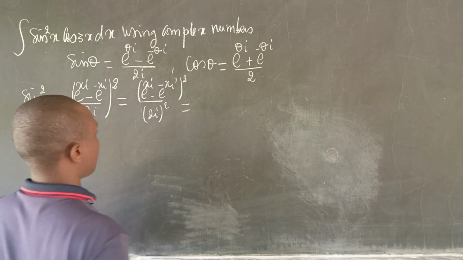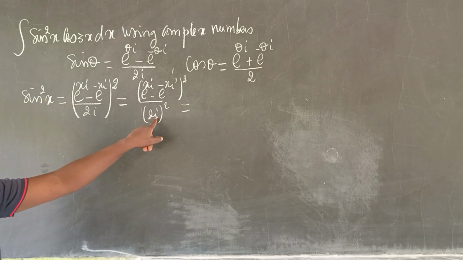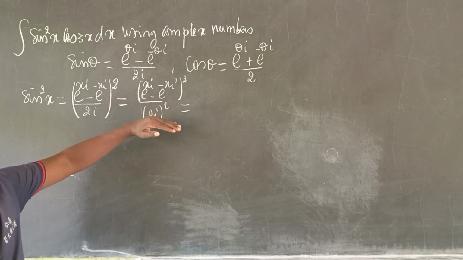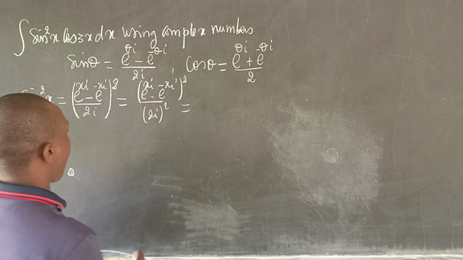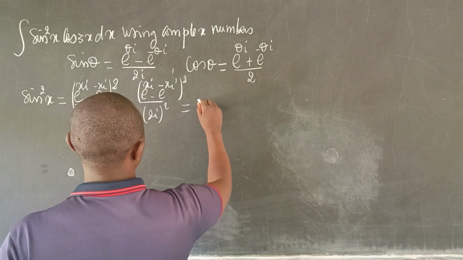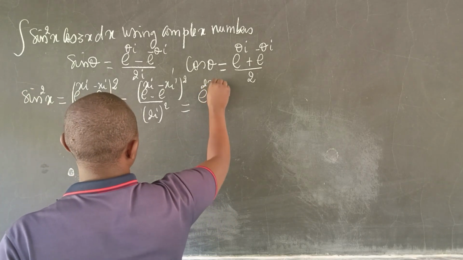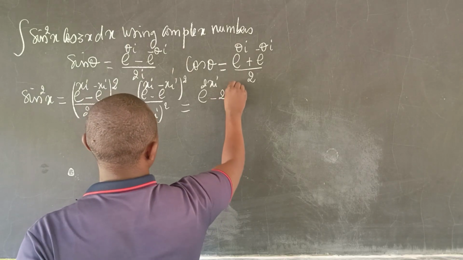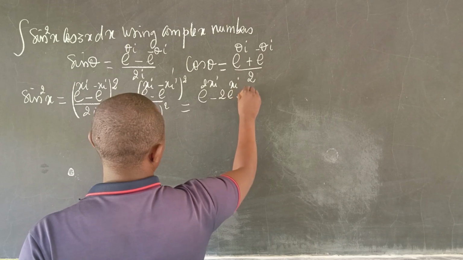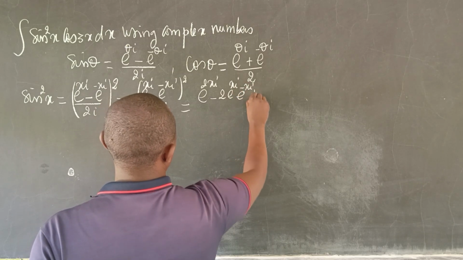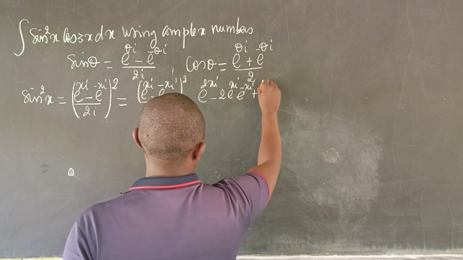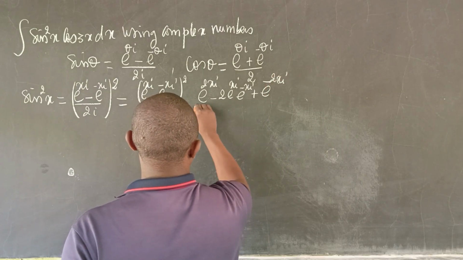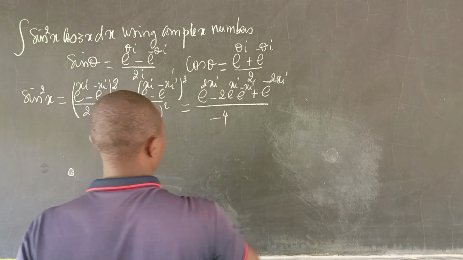As you know, the square of i is negative 1. That's why this denominator will be negative. Here is exponential of 2xi minus 2 times exponential of xi times exponential of minus xi plus exponential of minus 2xi over minus 4.